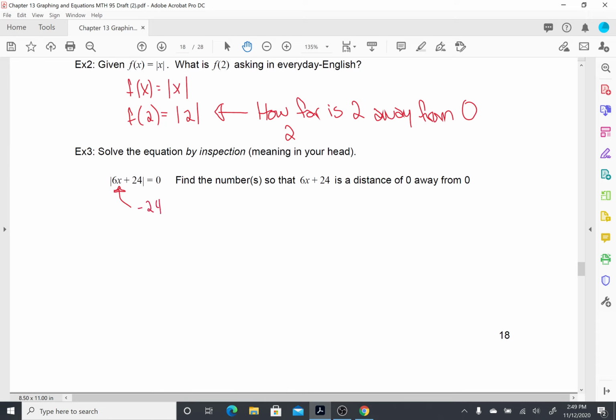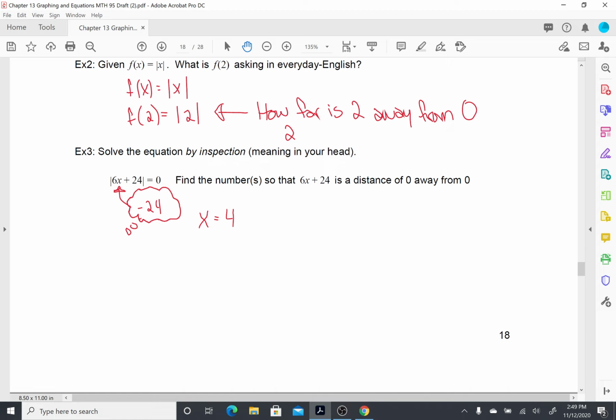And I'm thinking that if x was, is it 6 times 4 equals 24? I sure hope so. Maybe if x is 4, that would be an answer.